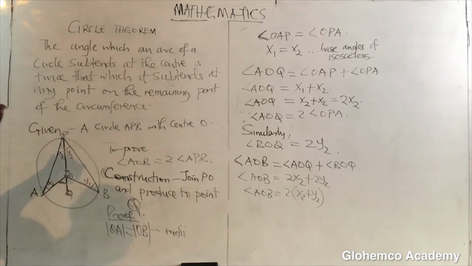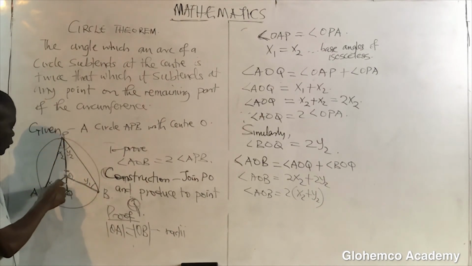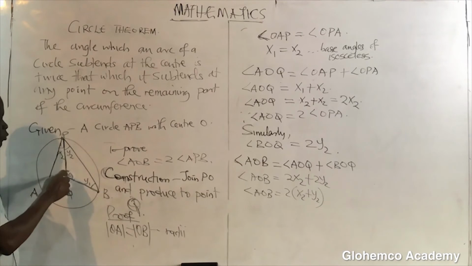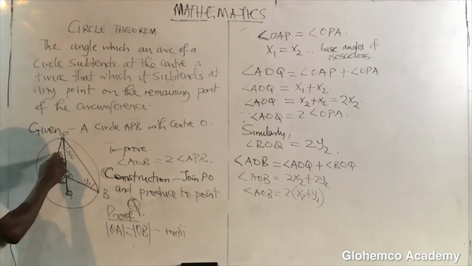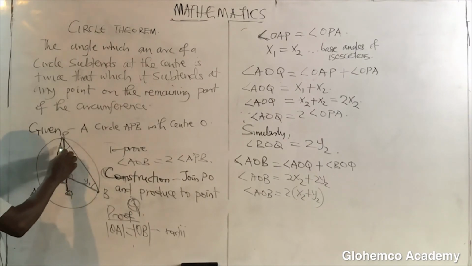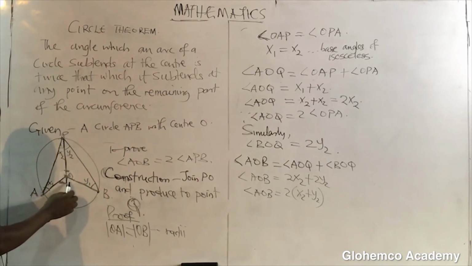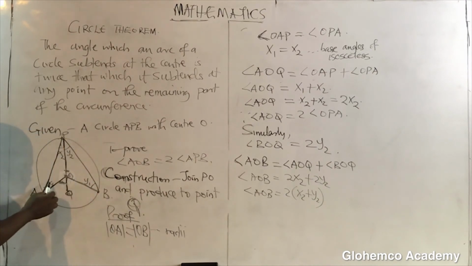That is, the angle at the center is equal to 2 multiplied by the one at the circumference. If this angle at the circumference is 60, the one at the center will be 60 multiplied by 2, which gives us 120.